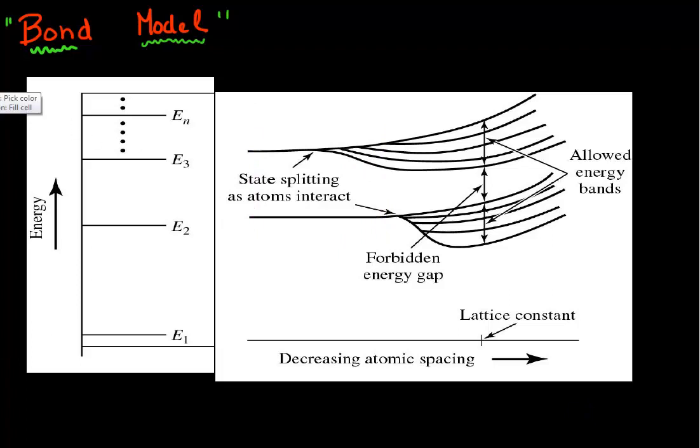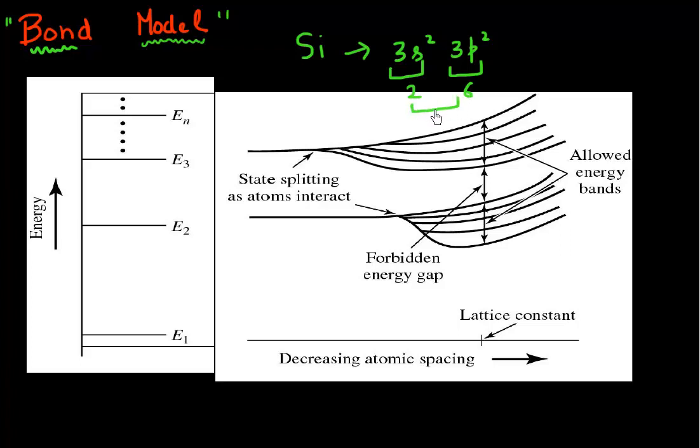You actually get 8 states from each of the atoms. In the case of silicon, your outermost shells are 3s2 and 3p2. So our 3s shell has 2 states, and our 3p shell has 6 states.